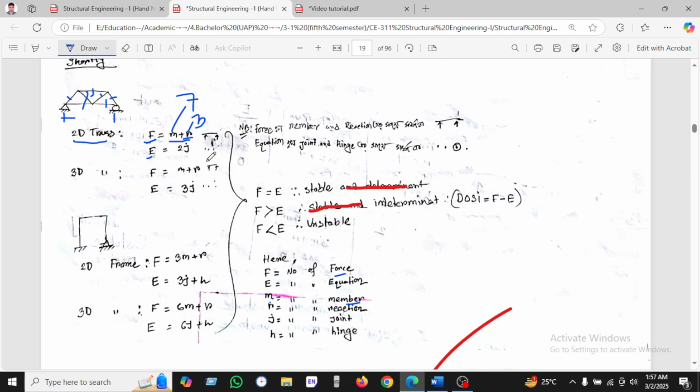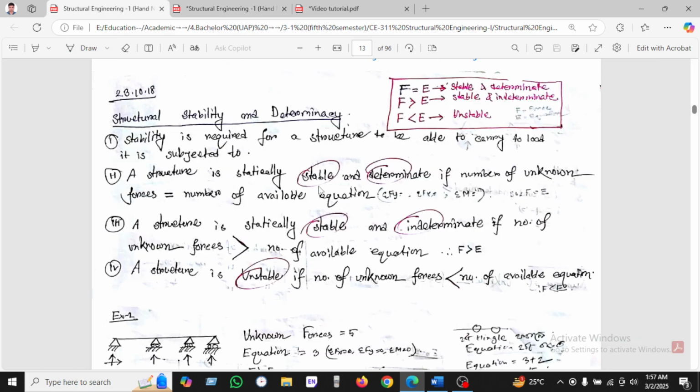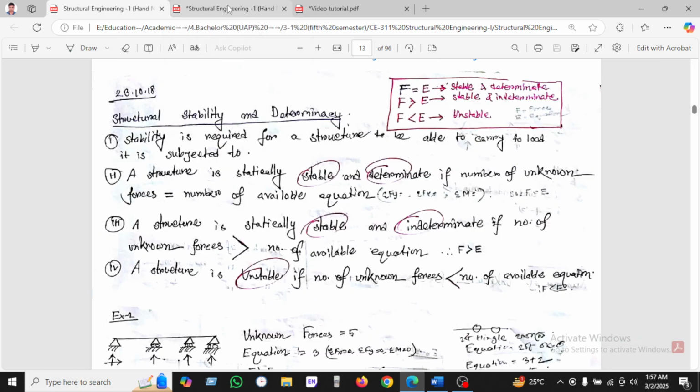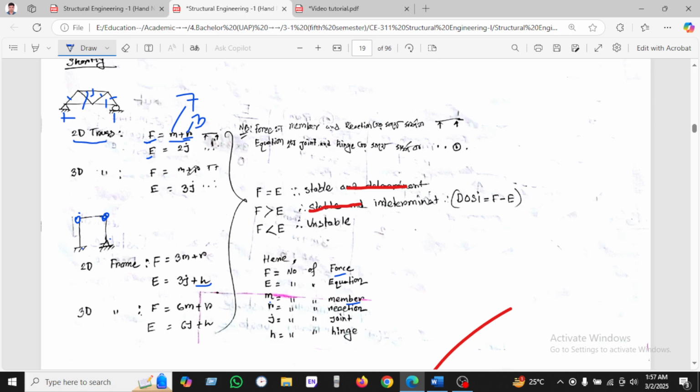And equations, how many joints are given? As we know, a truss does not have any internal hinge. If we consider a 2D frame, then the joints will be 1, 2, 3, 4 like this. And this is the equation we have seen here. How can we say it is statically stable?